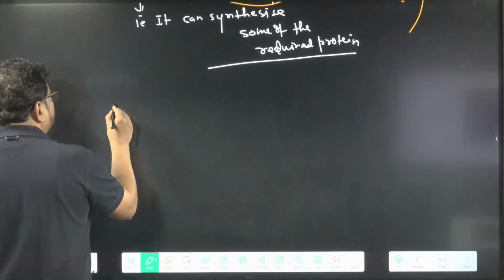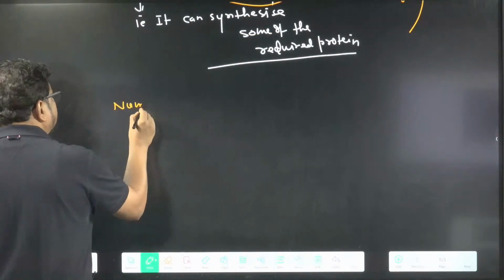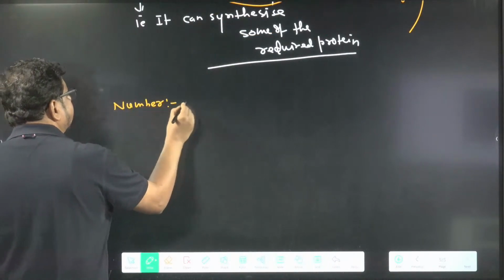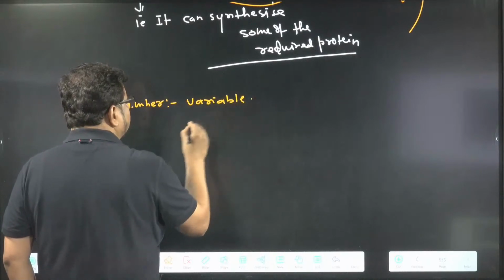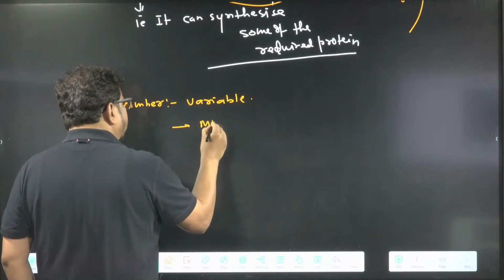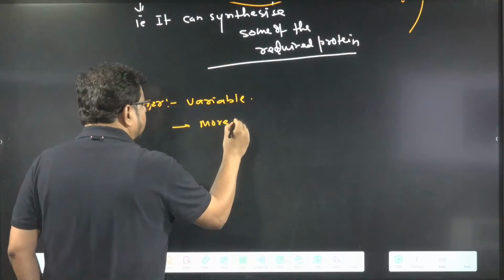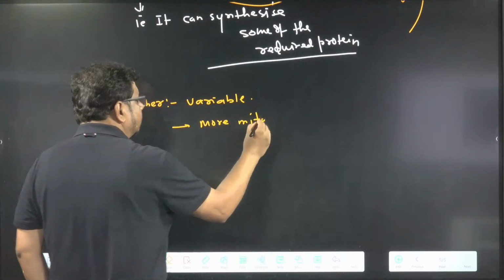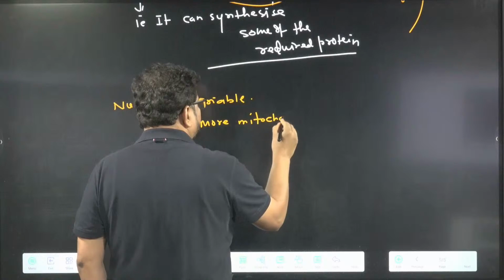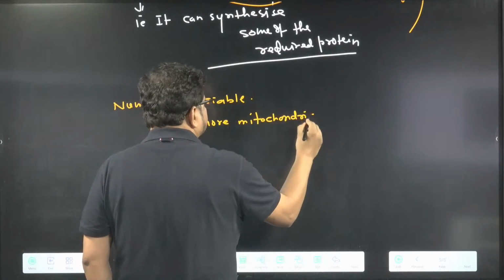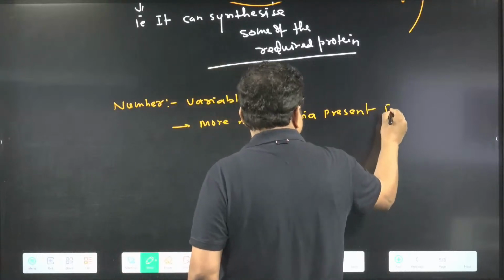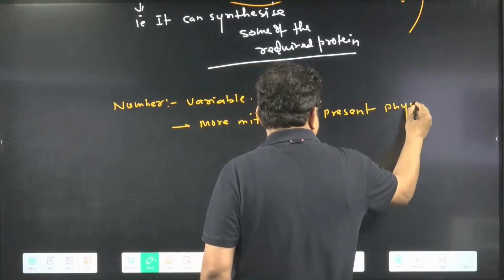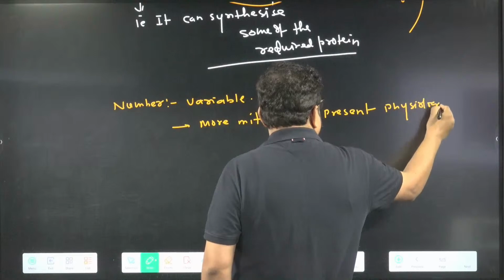If I am talking about the number of mitochondria, it is variable in number. More mitochondria are present in physiologically active cells.